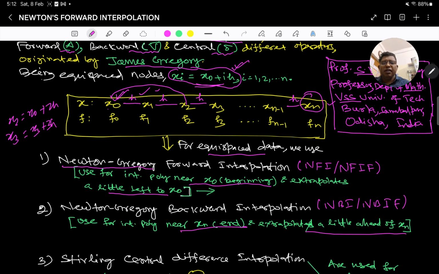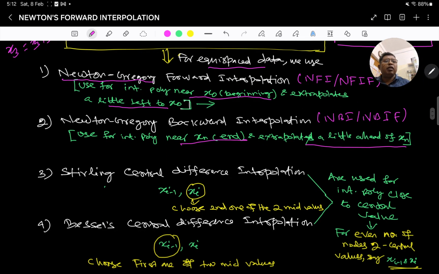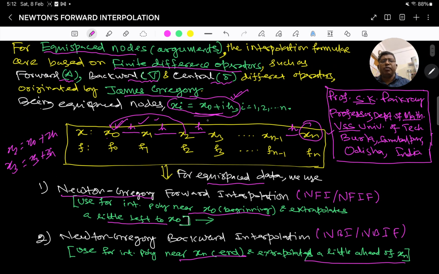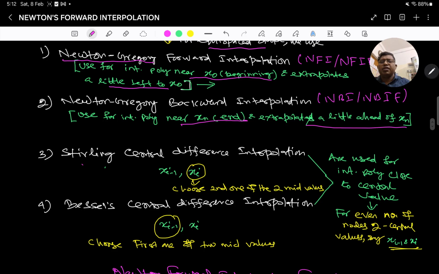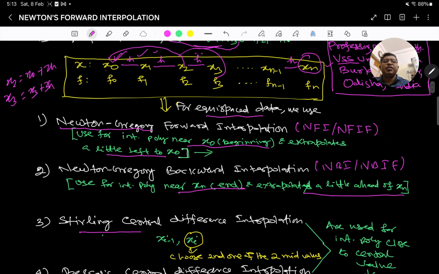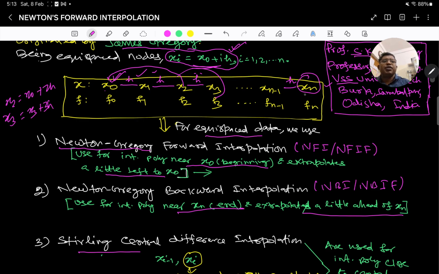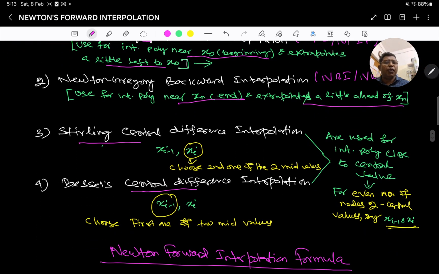Now suppose it is asked to find a polynomial at the center of the table. Then what will happen? We can use the Stirling central difference formula, or Bessel's central difference formula. Again, there are two aspects here. If there is an even number of nodes, then there will be two midpoints, two central values.